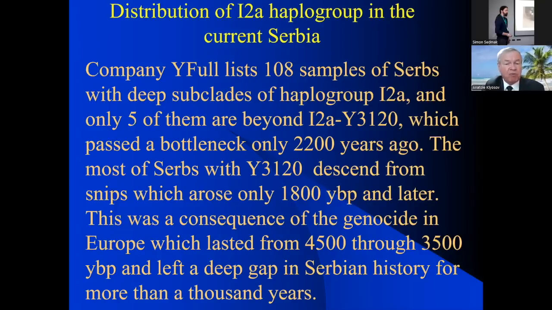Because probably these 400 years between 2,200 and 1,800 were a hard time for Serbs to survive, for future Serbs. So this was again a consequence of genocide in Europe, which lasted from 4,500 through 3,500 years before present, and left a deep gap in Serbian history.